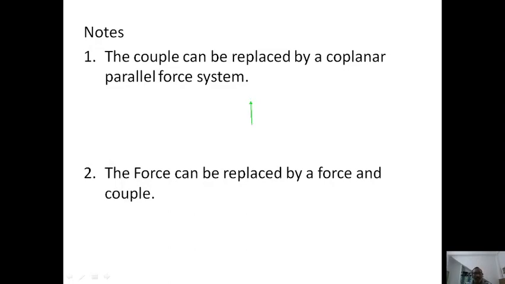A couple is like this: two forces separated by a perpendicular distance D. Here the force is F, and here it is also force F.